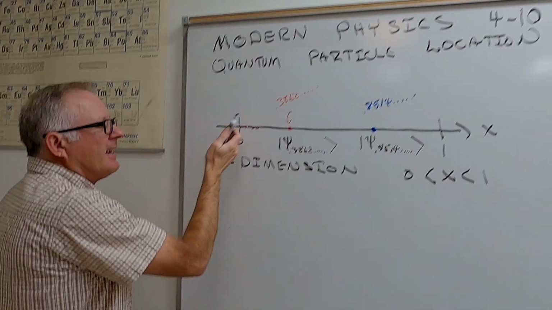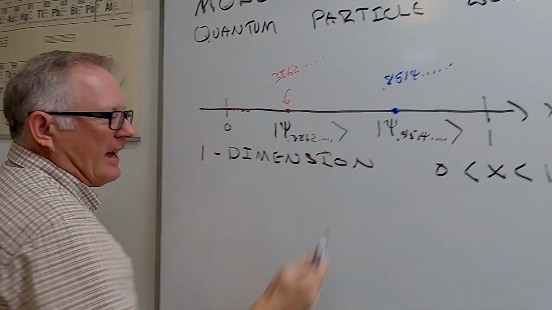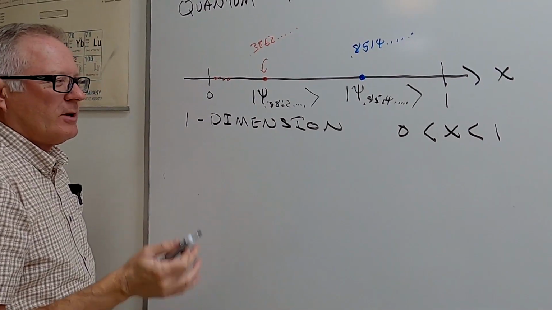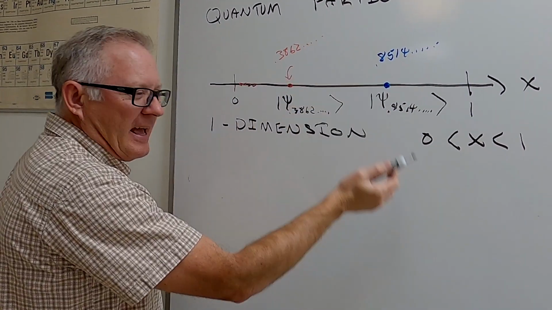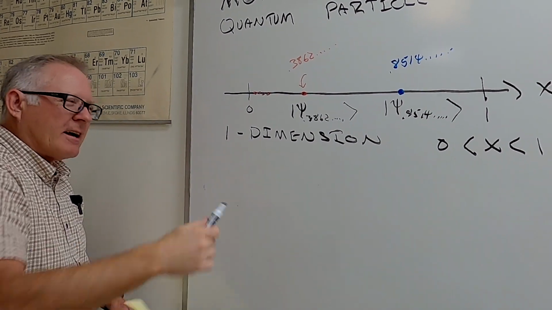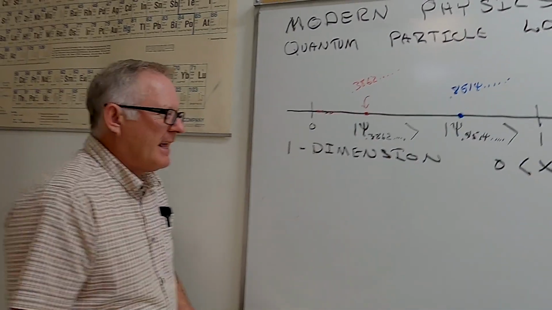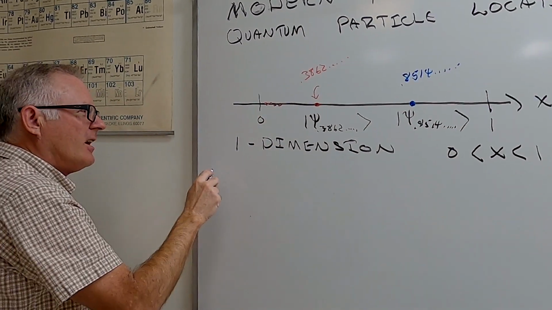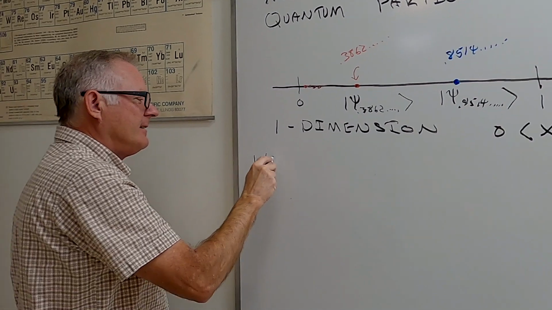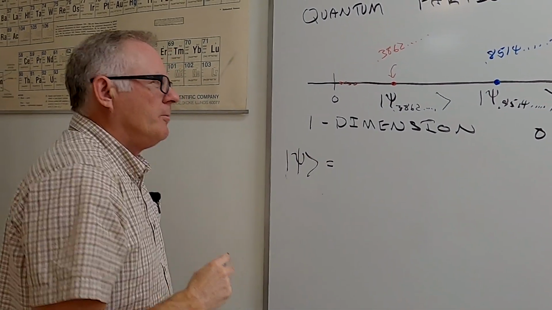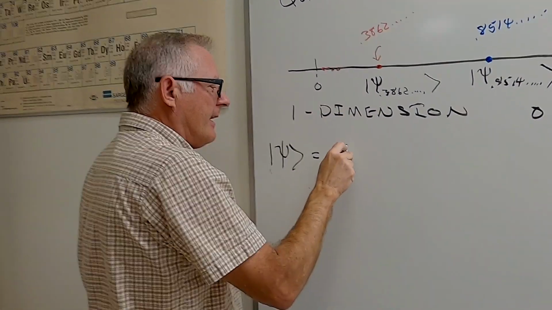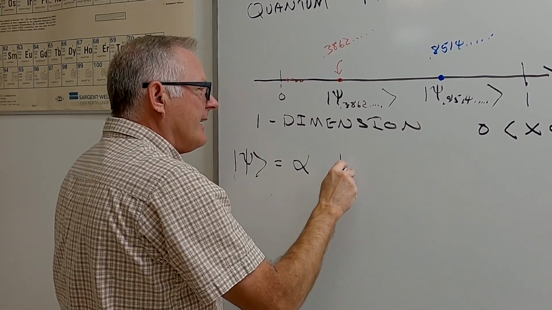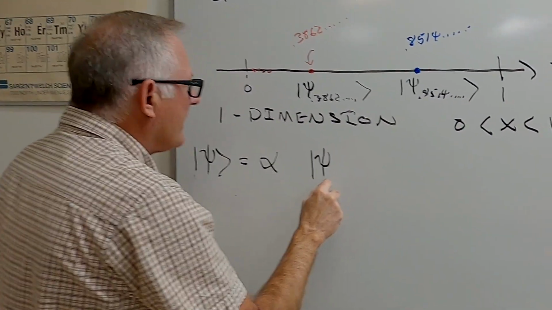So it looks like it could be any of these values right here. And remember, just like with our two-state system, you could be up or you could be down, and then you could be a combination: alpha up plus beta down. Here we're a combination of all of these. So our general state psi, in this case, would be the first one, alpha, times psi of the very first number.